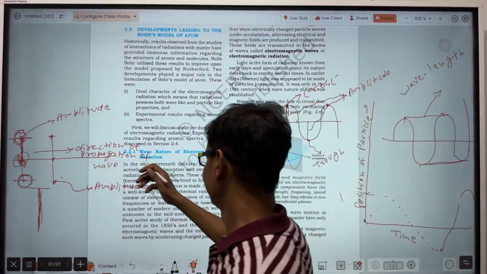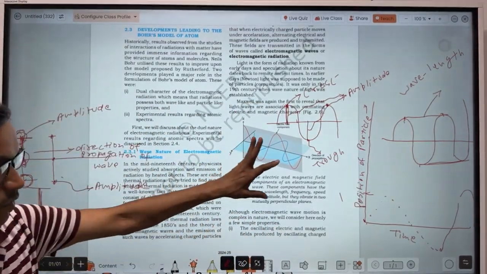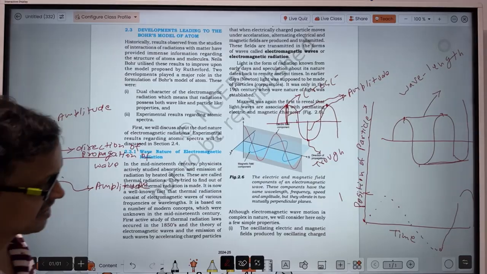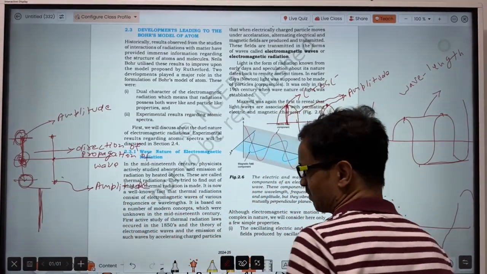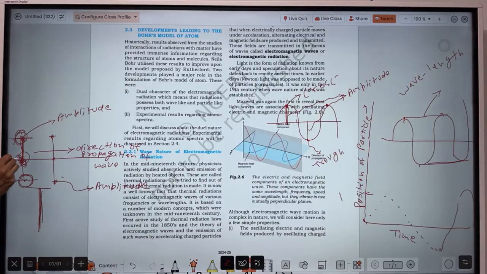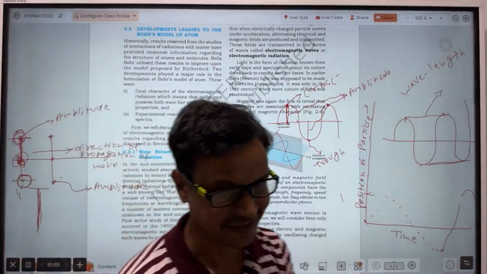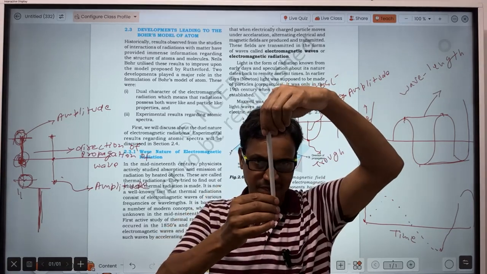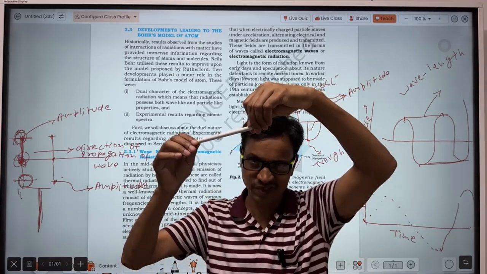Okay, what is the wavelength? What is a crest, what is a trough? What is frequency? Like this particle here, in 1 second, how many times can this particle go above and below? That is called its frequency. Suppose this wave also: from here, the particle goes to the maximum point.